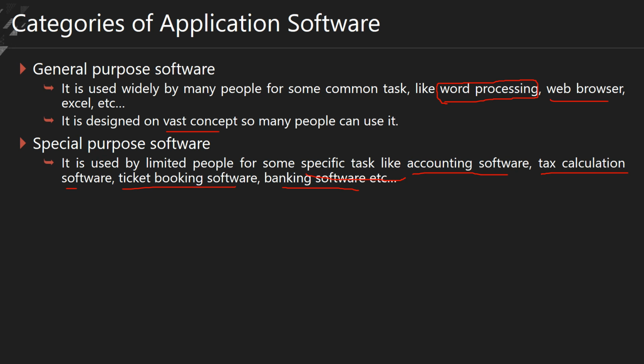So not too common to all the people, it will be used by limited people, right? So this also comes under the application software. It is also for a specific reason and restricted to some special requirements. So if required, you can write your own application software, that is also possible, which will come under the application software.